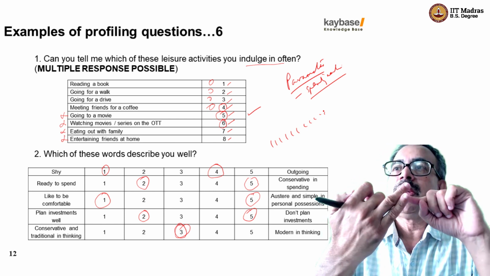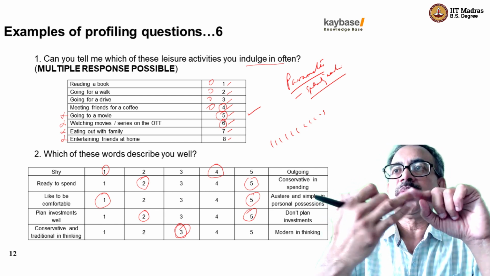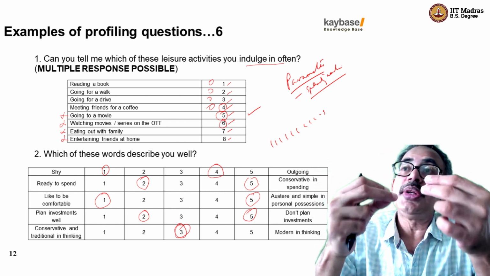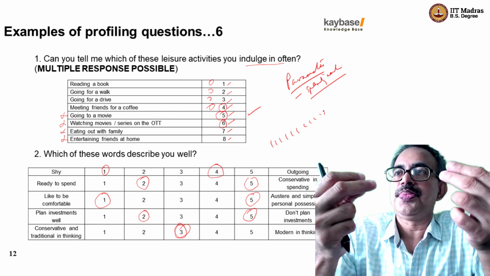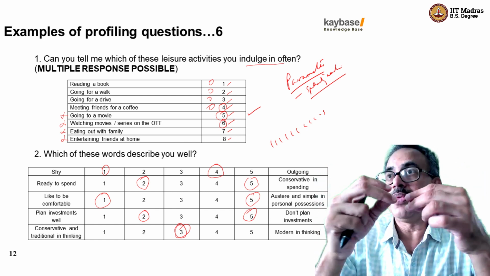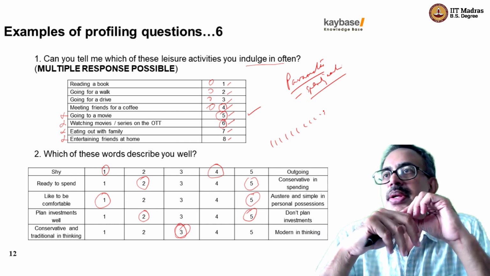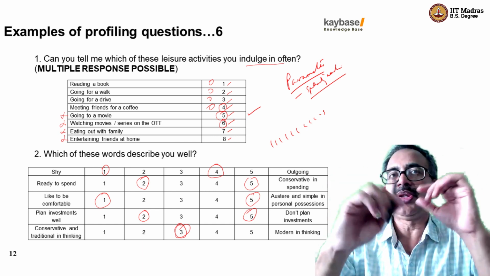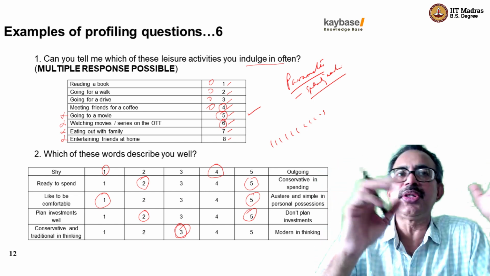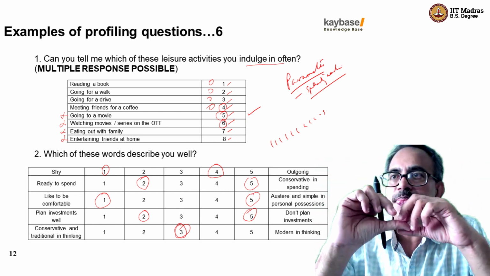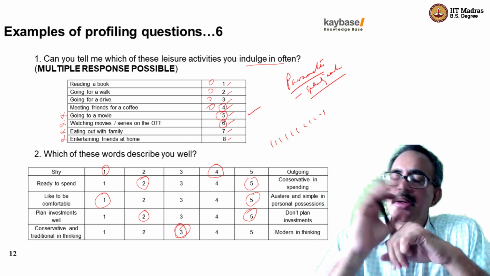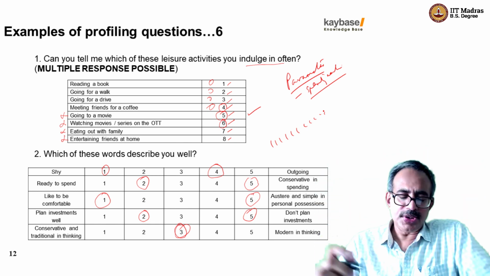Psychographic questions require a lot of work, and the instrument, by instrument I mean questionnaire, has to be tested for consistency, for validity, for reliability before it can be applied on a large scale in a survey. Just keep this in mind. It's not that we generally put some words and we get some answers. So you've understood the kind of questions that we ask here? Okay, let's look at a couple of sample outputs.